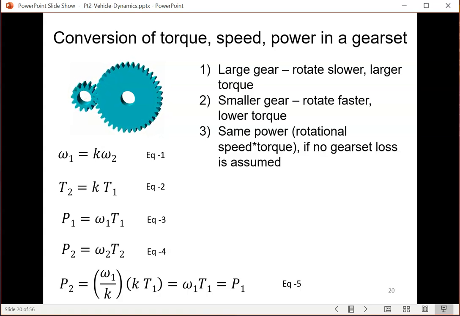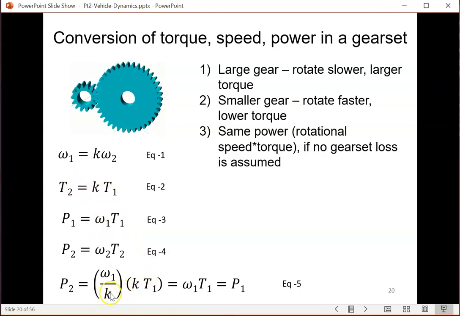The power on the one side, P1, that's the power of the smaller disc, is omega 1 times T1. The mechanical power of the second disc is omega 2 times T2. Now, if you substitute equations 1 and 2 into equation 4, then omega 2 equals omega 1 over K, and T2 equals K times T1.